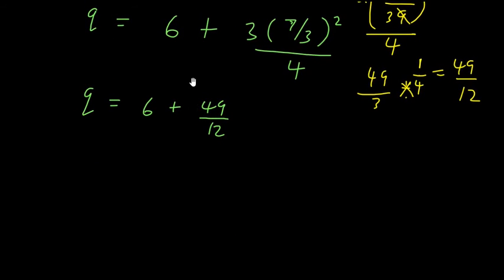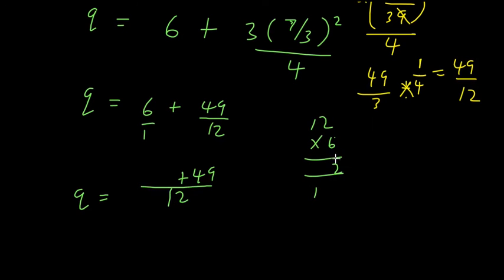Of course we can further simplify. Our common denominator is 12. 12 into 12 is 1, so it's 49 plus 6 times 12, which is 72. 72 plus 49 is 121.